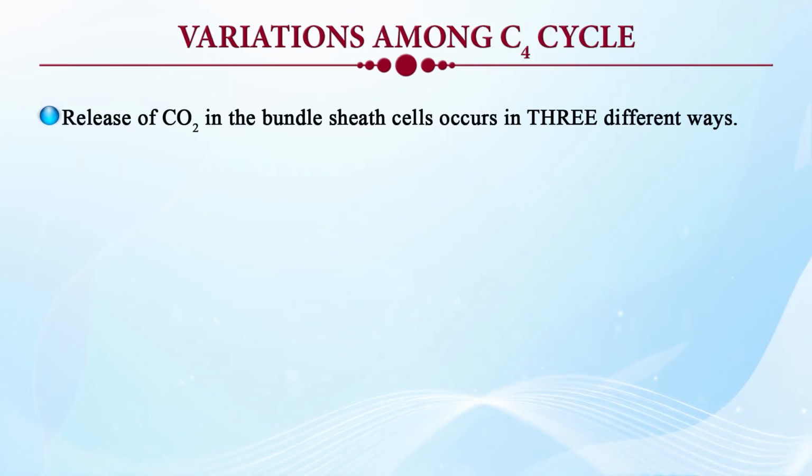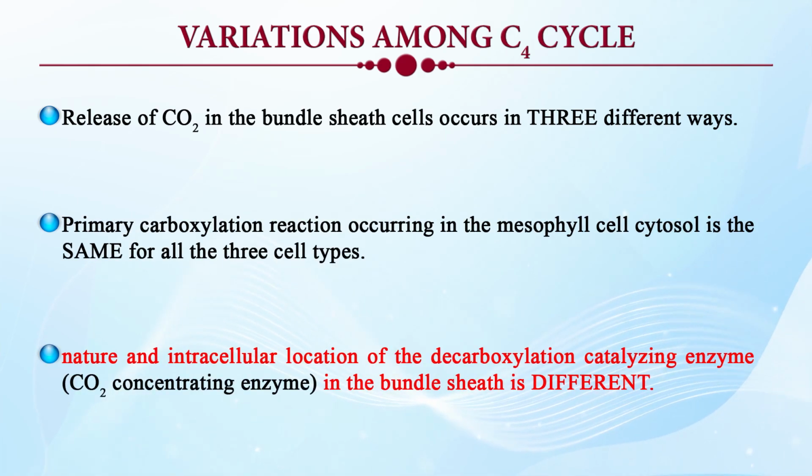As you know, learners, there are not just one, but various different types of C4 cycles, which take into account how the carbon dioxide released into the bundle sheath cells is variable, and therefore, we have different types of CO2 concentrating mechanisms, which is not in the purview of our discussion today.